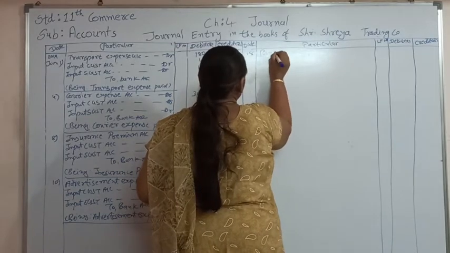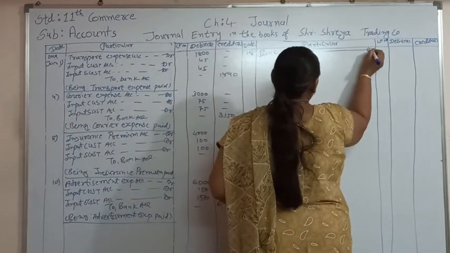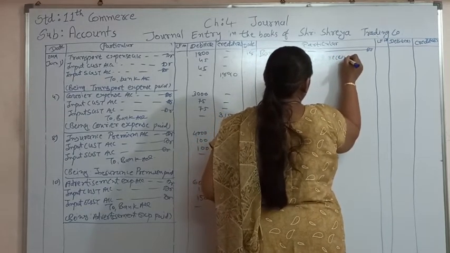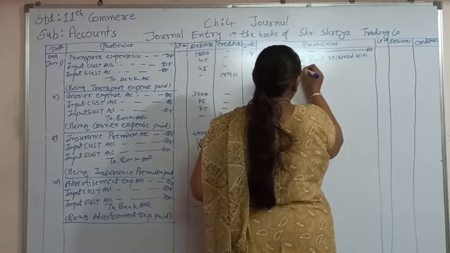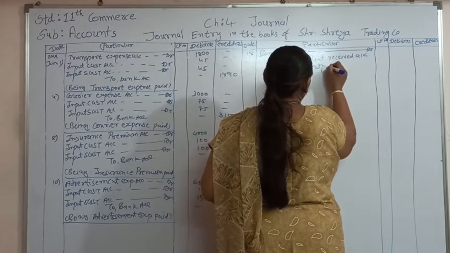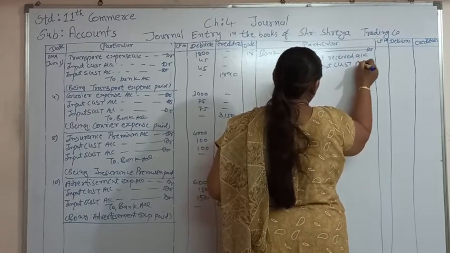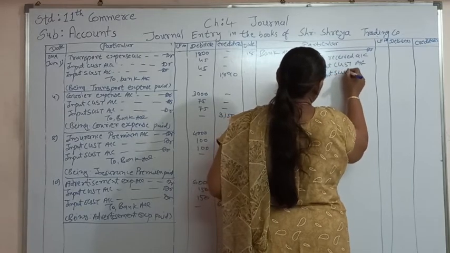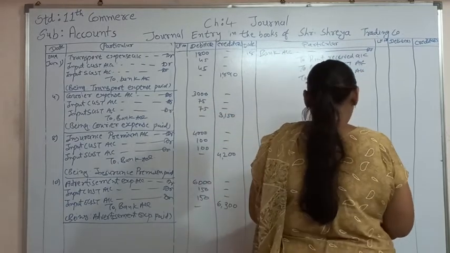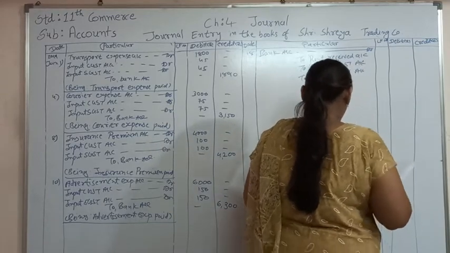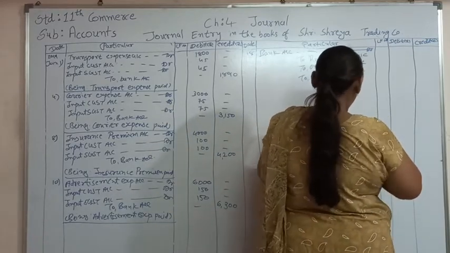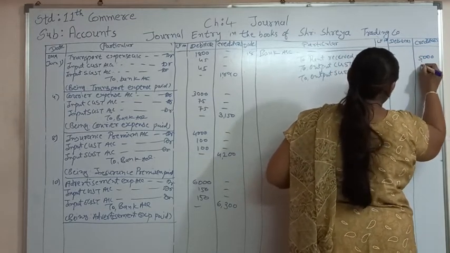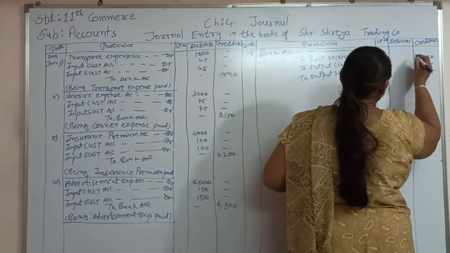Bank account debit to rent received account, to output CGST account, to output SGST account, and the amount is 5,000 rent received, and 2.5% of that will be 125 each.